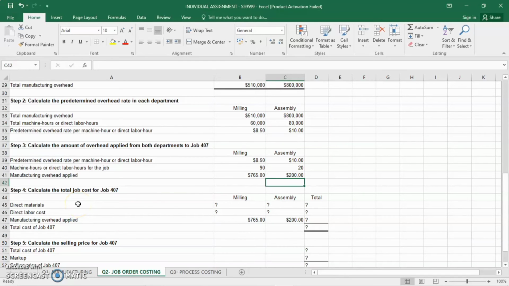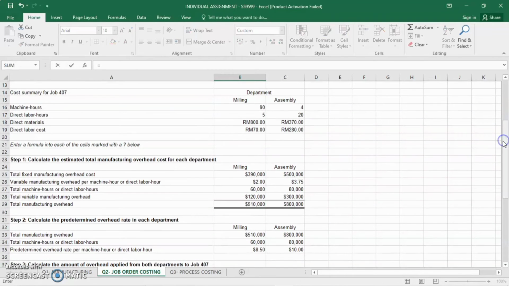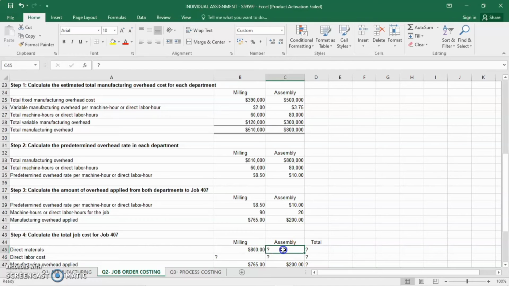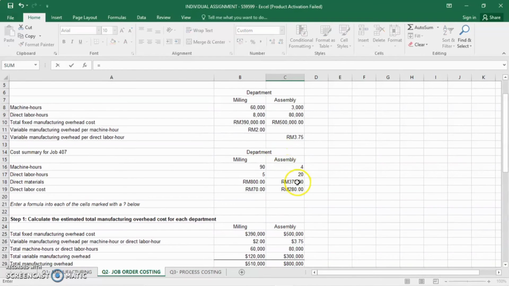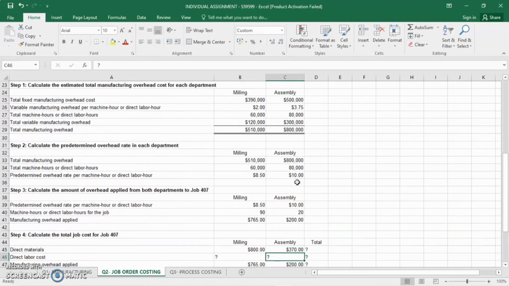Step 4 is calculate the total job cost. Direct labor hours for milling and for assembly, direct material is 370.